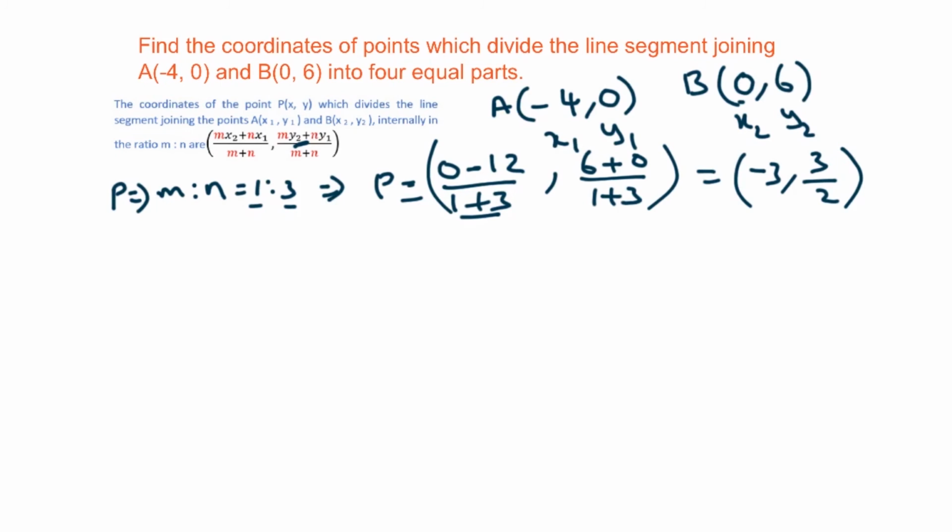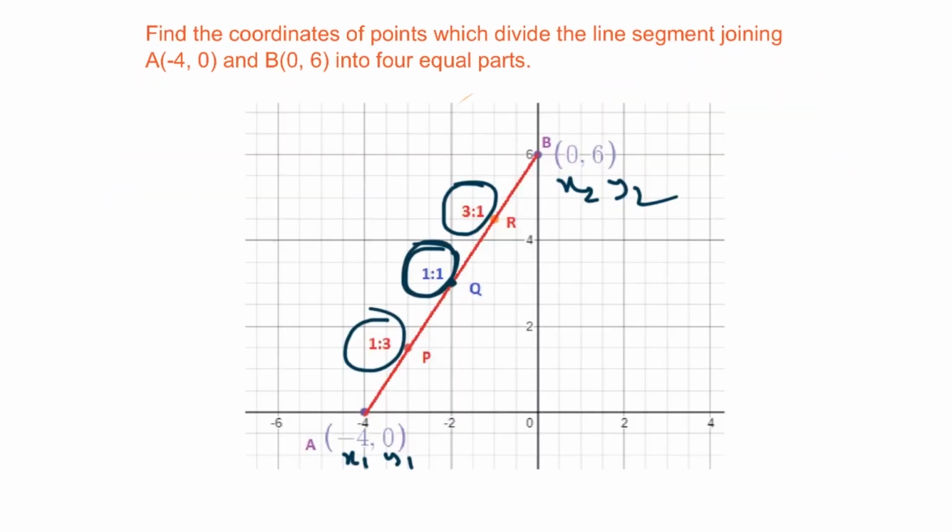Now to find point Q, we have to consider the ratio as 1:1.